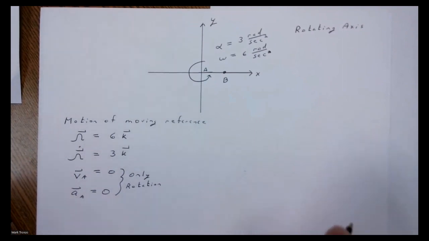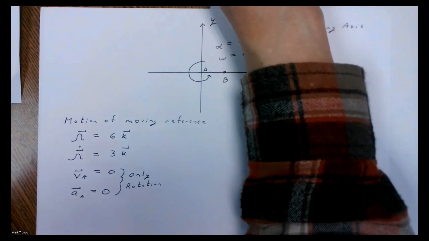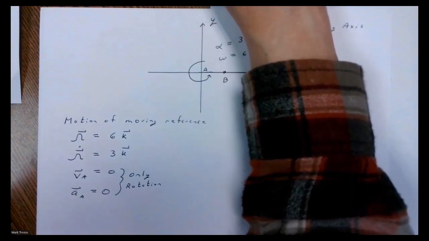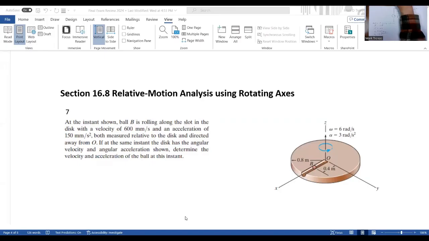And then the next thing we want to look at is what do we have that's moving on this body. So let's take a look at that for a minute, what's actually moving on the main body. And if you look at the picture here, it's just that ball. And so that's going to be our moving object that's on our main body.